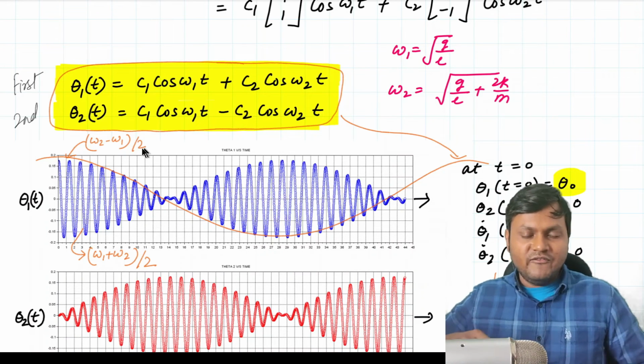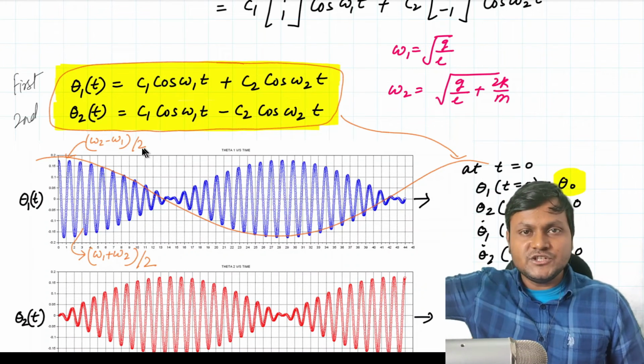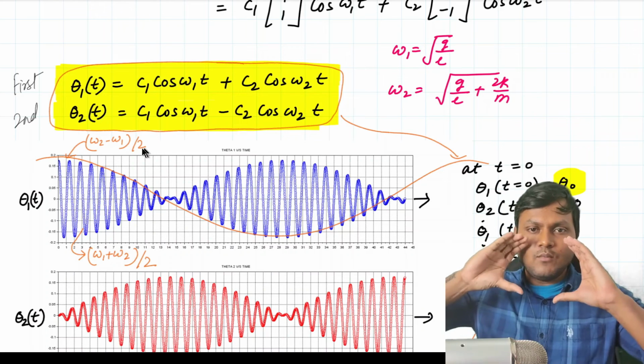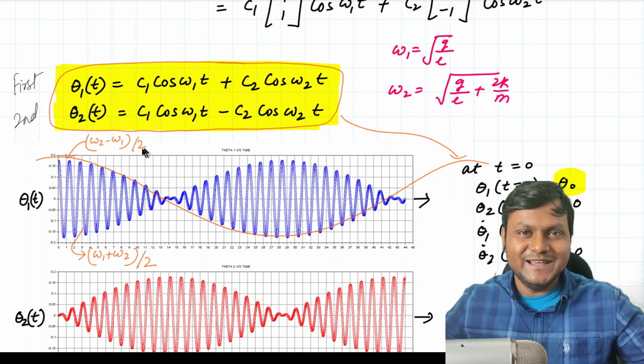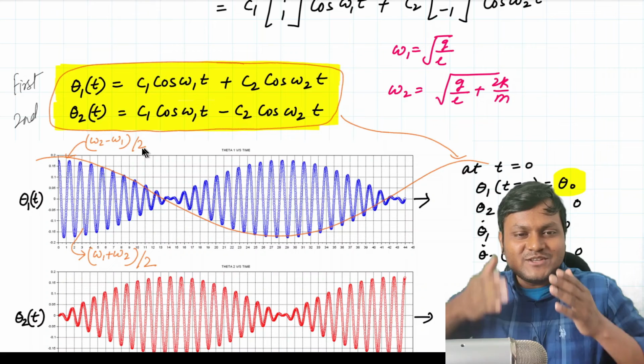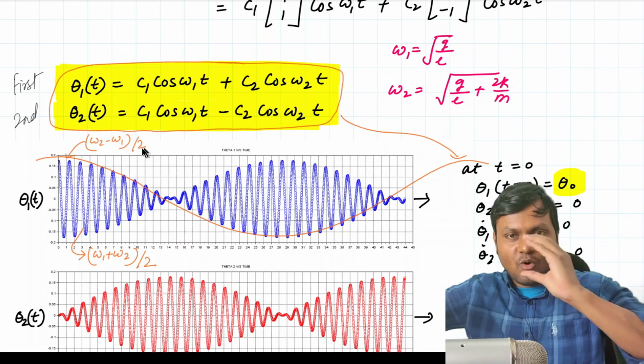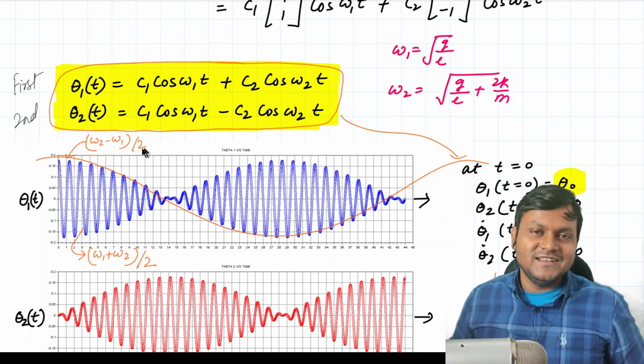So you end up having these oscillations whose amplitudes are modulated by a further oscillation.